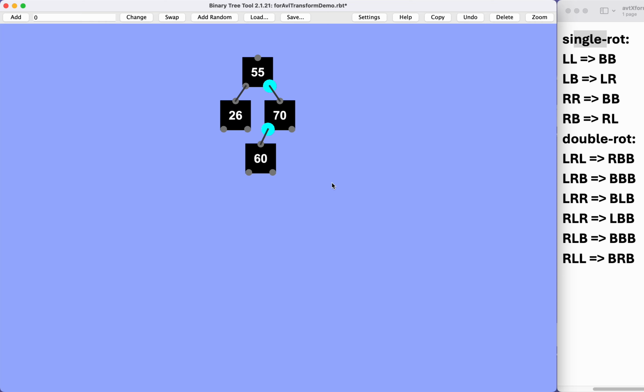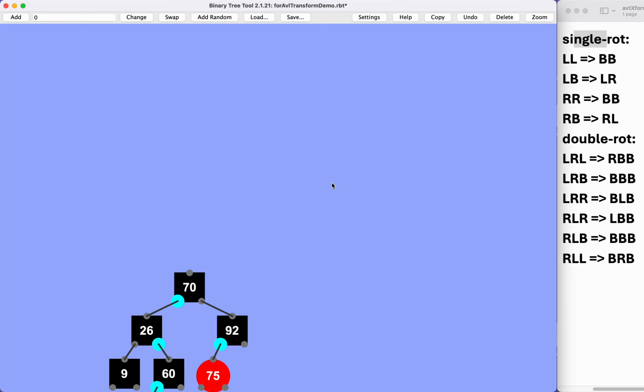Okay, so we've seen left-left and left-balanced. Now let's look at left-right. It turns out that when you have left-right, you actually need to look at the grandchild as well. So I have a situation where it's left and then right, and I need to look at the grandchild's balance factor as well. So there'll be left-right-left, left-right-balanced, and left-right-right.